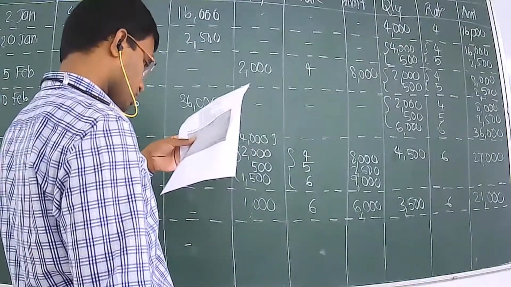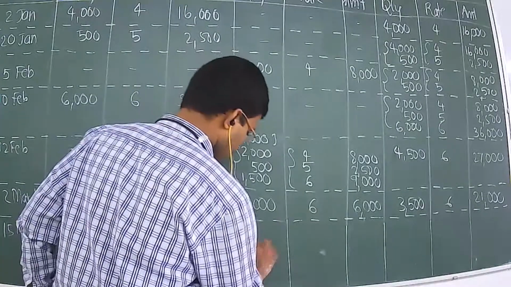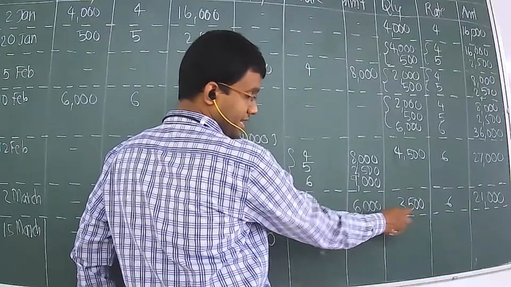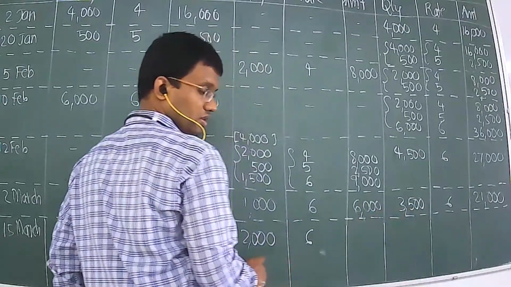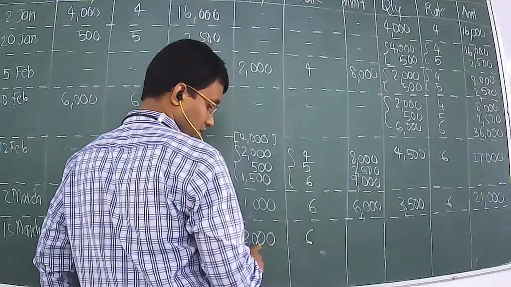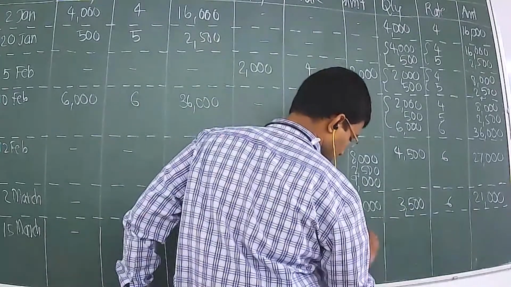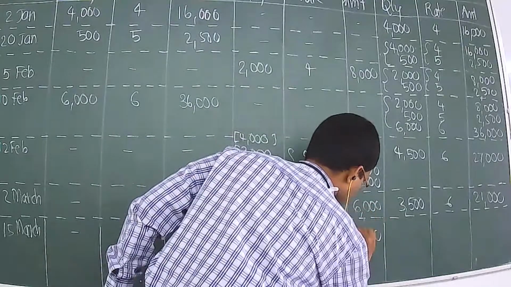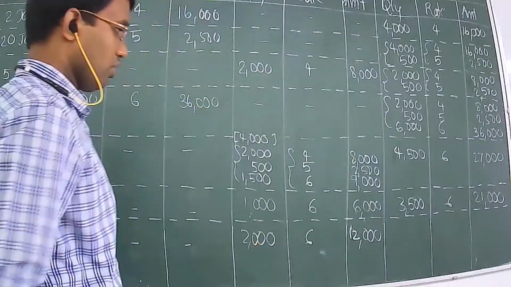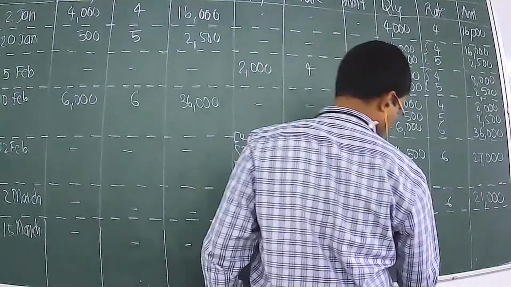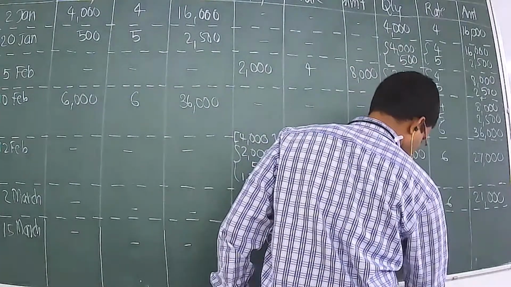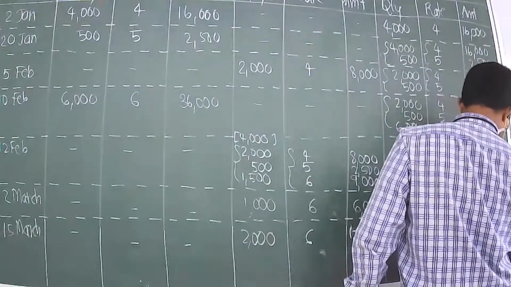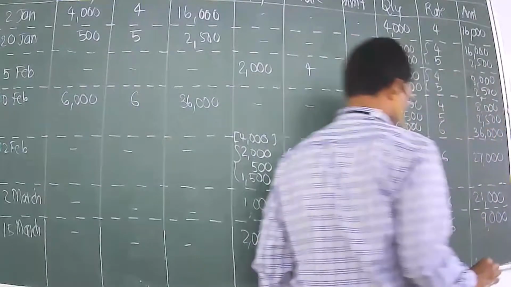This 2,000 units, you're directly fulfilling from here. So 2,000 works out to be 12,000. Let's record the balance. You have 1,500 remaining at 6 rupees, and this works out to be 9,000.